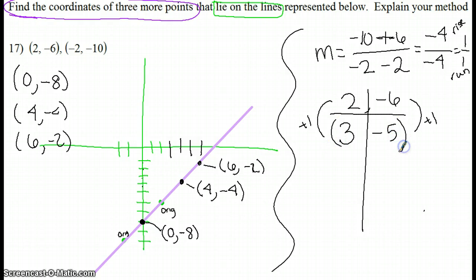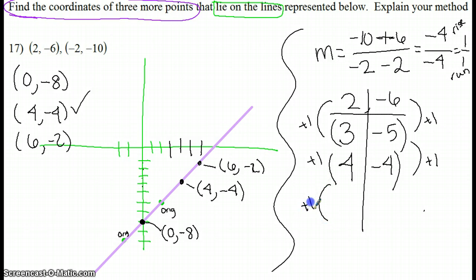That's an additional point. Another one could be 4 if I add an additional 1. And if I add another 1 on the y, I get -4. That happens to be one of the points that we already wrote. You can continue it one more time by adding the rise and the run, and I'll get 5, -3.